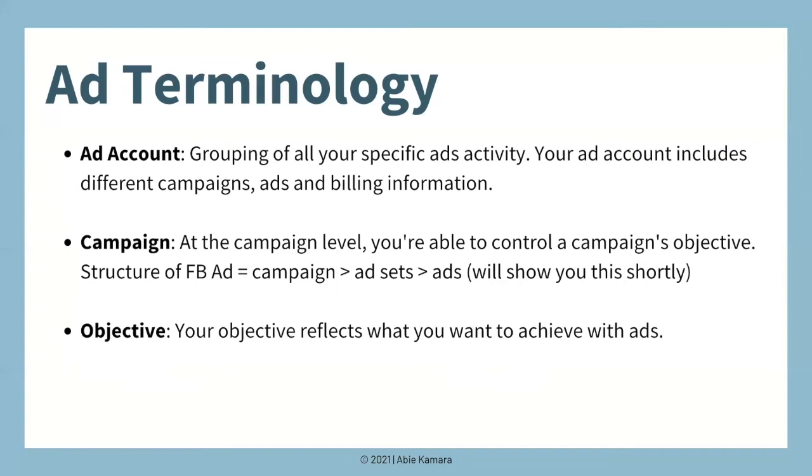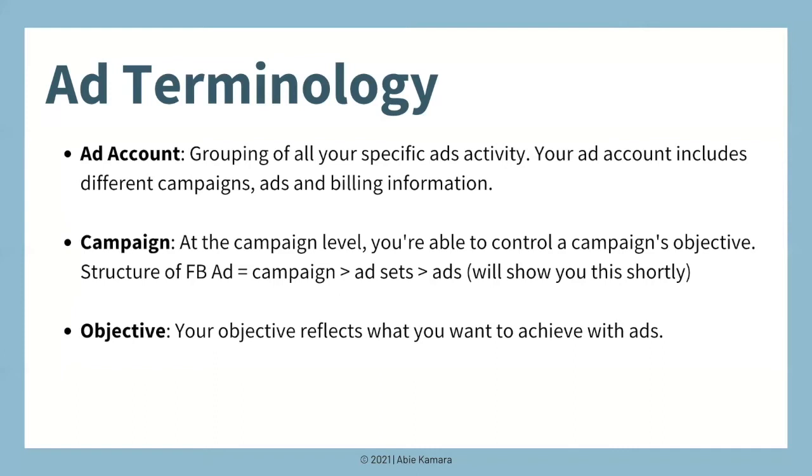Okay, so a campaign. Right now I'm just going to go over the terminology, but I'll go over some of these a little deeper as we move forward with the training. So campaign, this is the top level within the structure of a Facebook ad. It goes campaigns, then ad sets, and then ads. Ad sets will exist within the campaign.